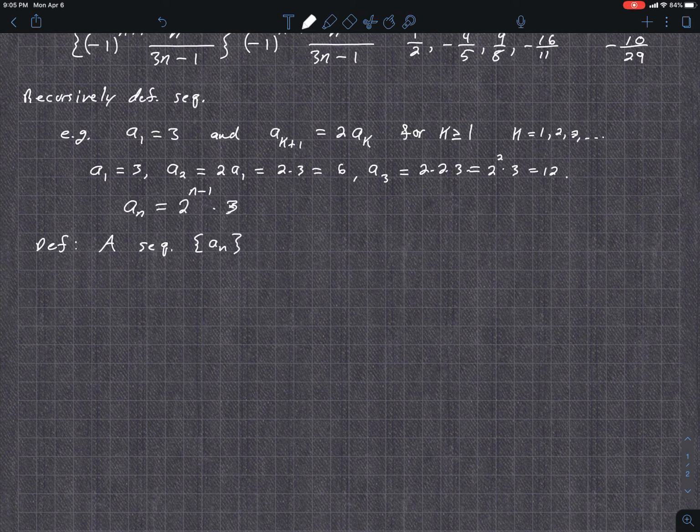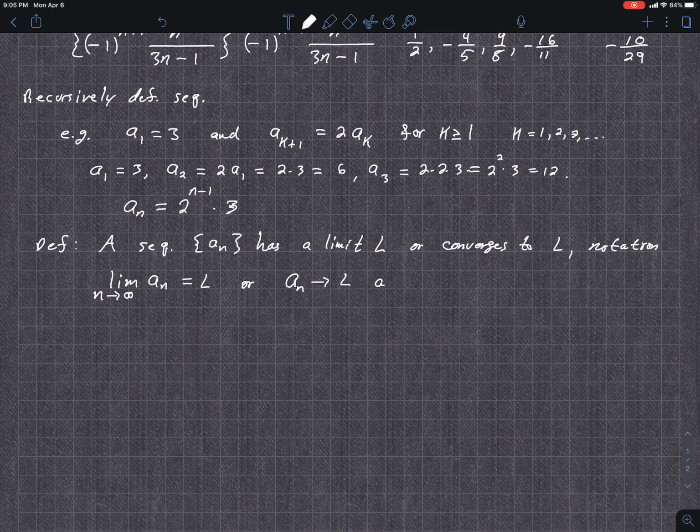A sequence, and I'll just abbreviate like that, a sequence A sub n has a limit L or converges to L, with a notation that looks like this. So we say the limit of A sub n as n approaches infinity equals L.